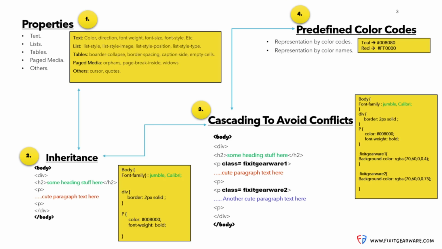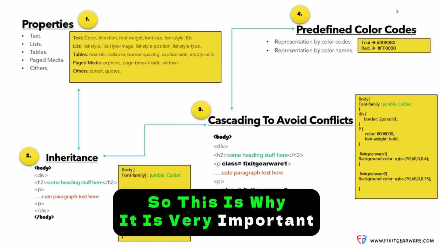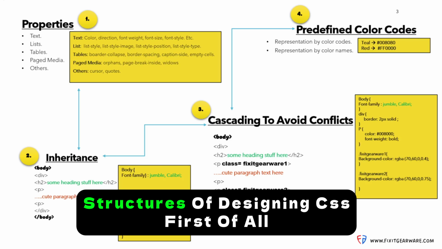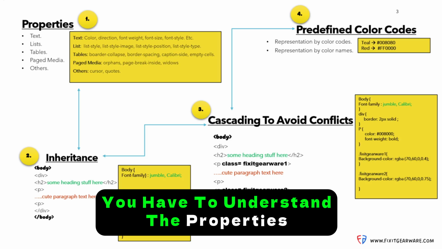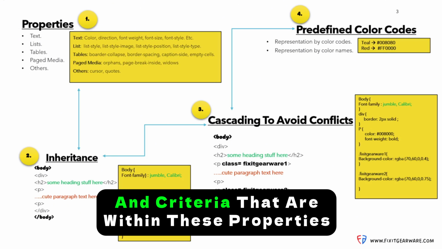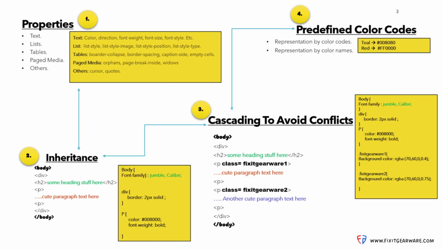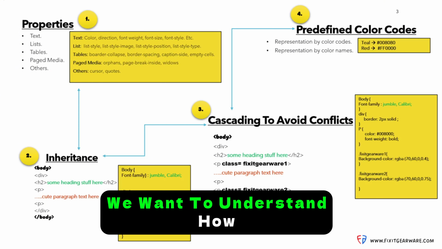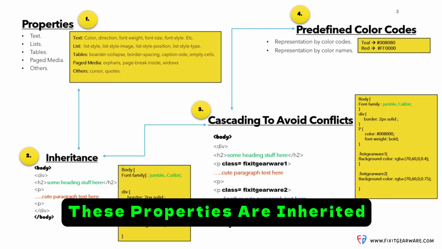So this is why it is very important to understand these four structures of designing CSS. First of all, you have to understand the properties, how you want them to look in terms of the text and criteria within these properties, then how they are inherited. When we talk about inheritance, we want to understand how these properties are inherited.